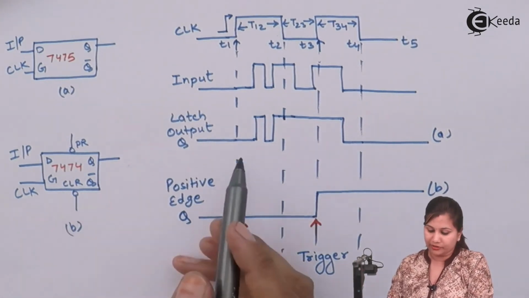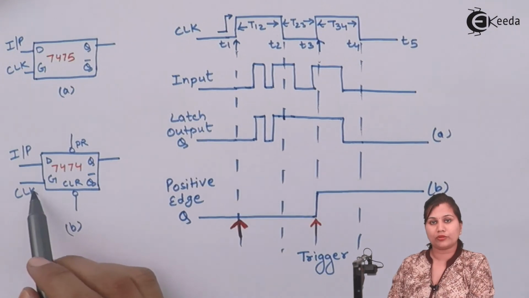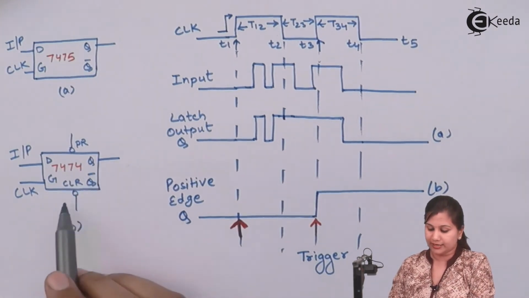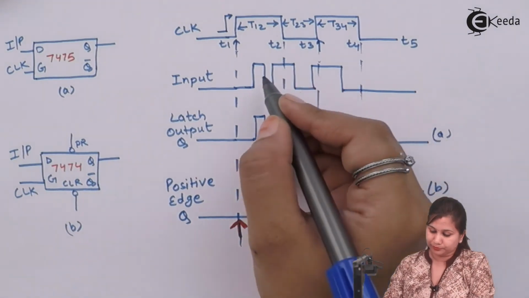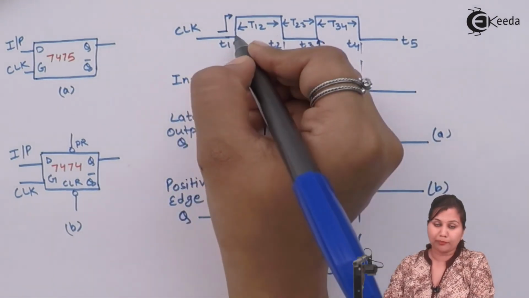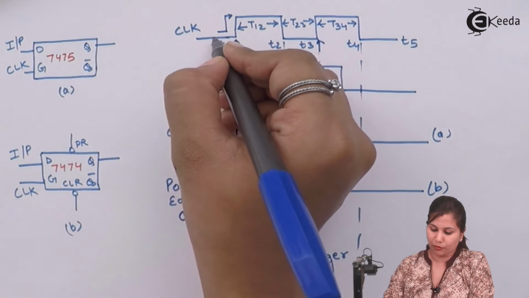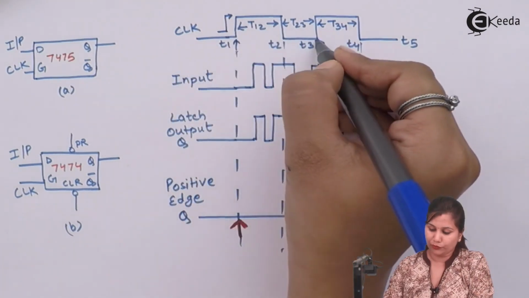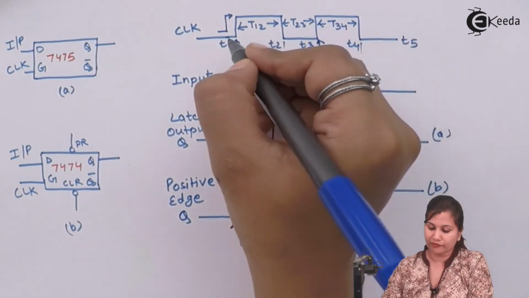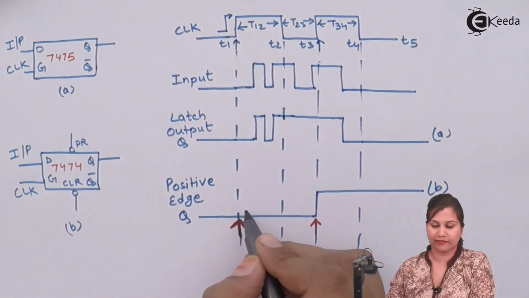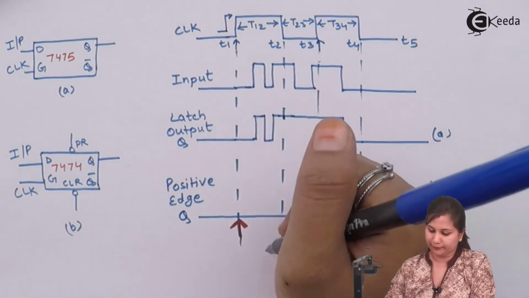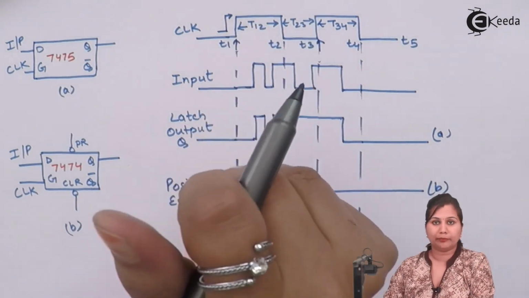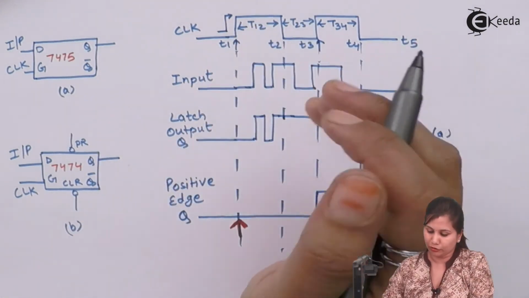Now take another example, the 7474 latch. This is a positive edge triggered latch. In this case, whenever the positive edge is given, that is from low to high, the output will change according to the input, or the input will be latched for that clock pulse.